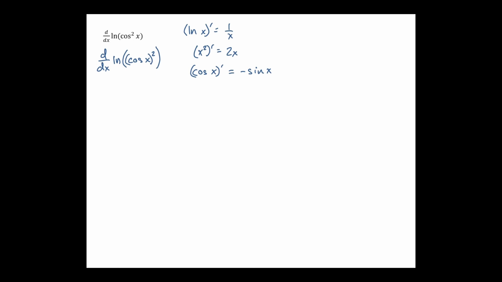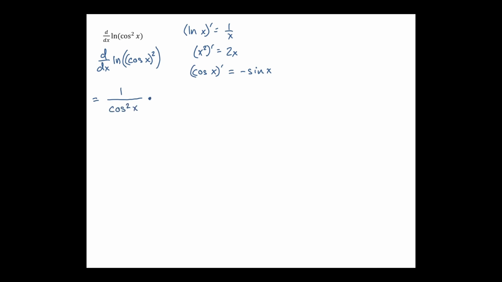So if we take the derivative this time, we'll have to apply the chain rule twice. So here we go. I'm going to keep a nice flow to this one now that we've gotten more comfortable with the chain rule. Outer function, ln of x. Well, the derivative of ln is 1 over, but instead of just x this time, we have this inner function of cosine squared of x.